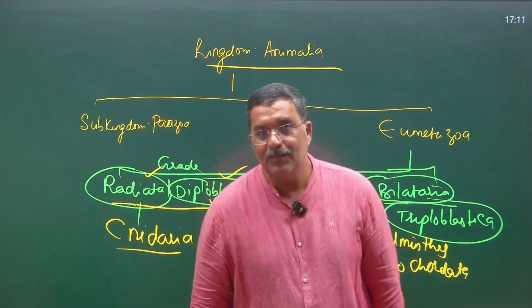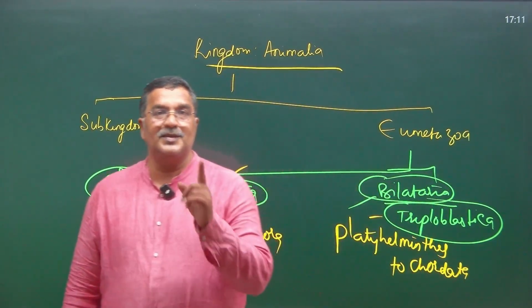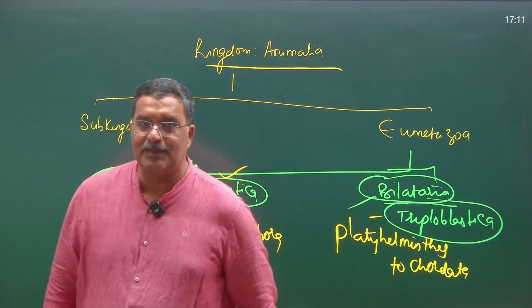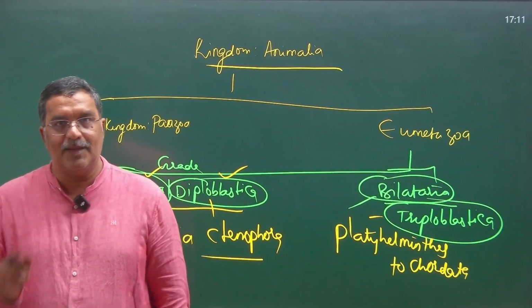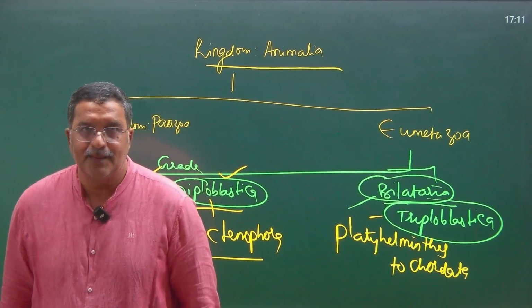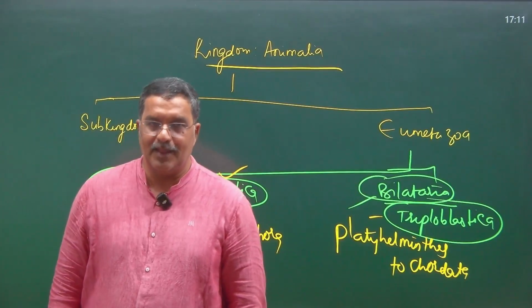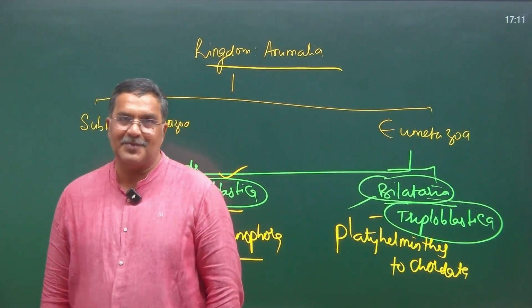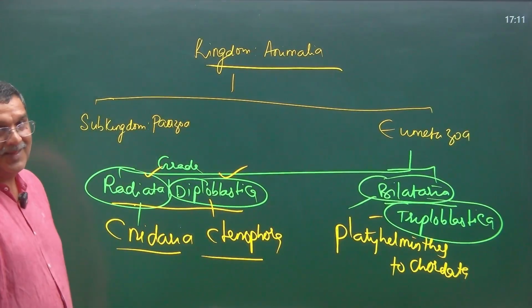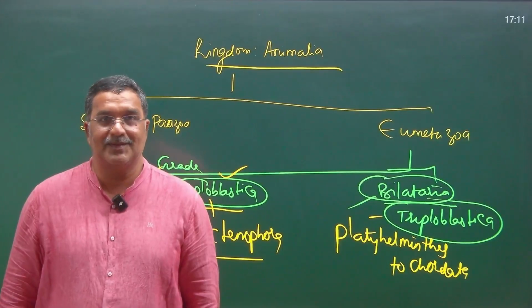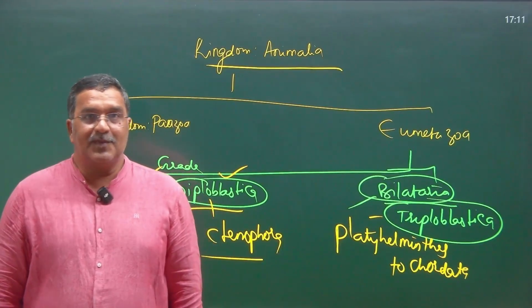As I said to you, in the end you need to practice 150 questions. If you answer the 150 questions given based on the Kingdom Animalia series, it is a grand entry into BiPC. Welcome, future doctors, I can say, if you complete 150 questions. All questions are from the chart itself.